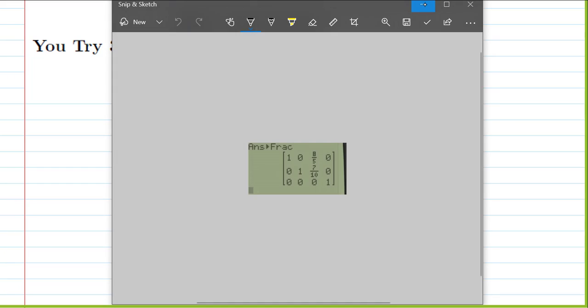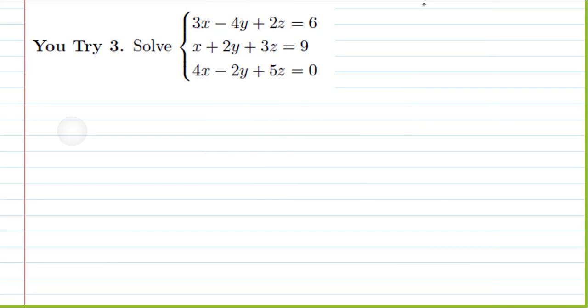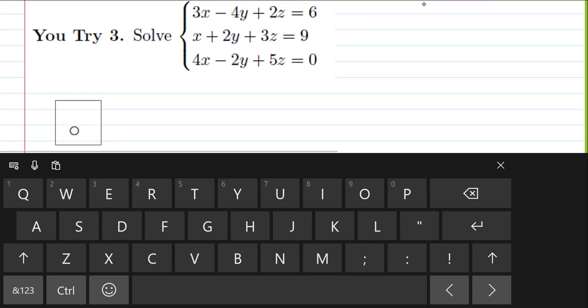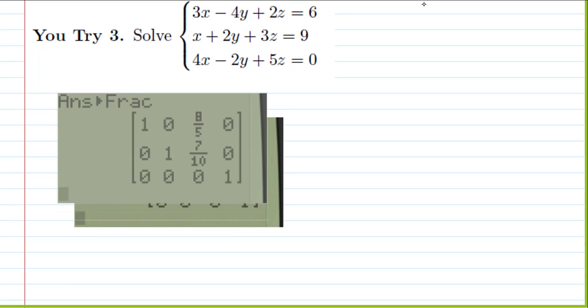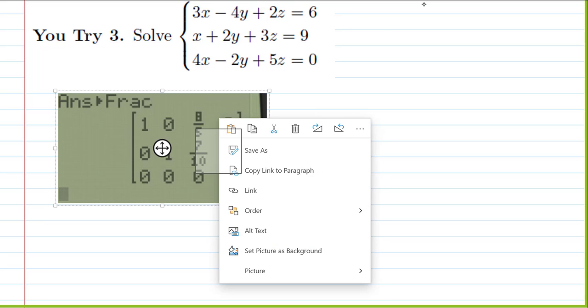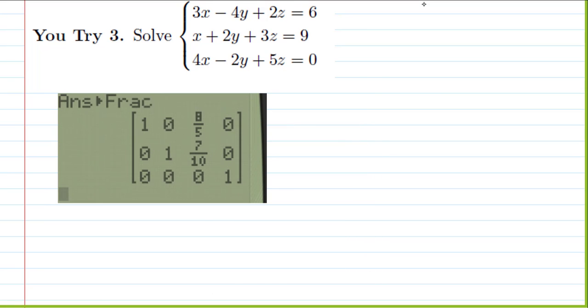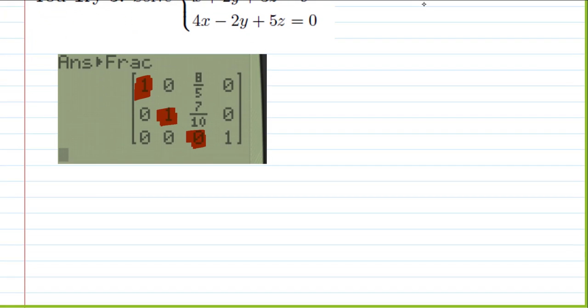So once again, we look at our main diagonal. And we have 1, 1, and then we have 0. So then this tells us that we either have no solution or an infinite number of solutions.